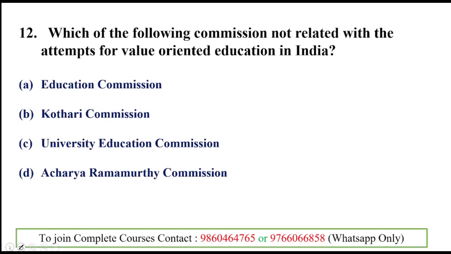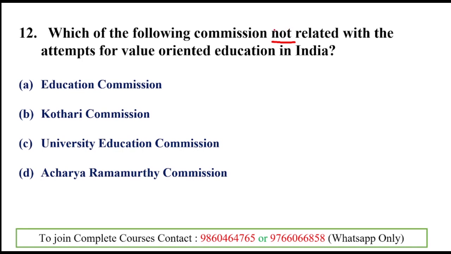And next one, which of the following commissions is not related with the attempts for value oriented education in India? In this question, you will get two important pieces of knowledge.